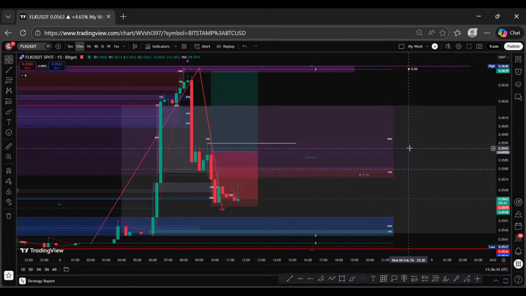FLK is in a good position right now and pushing the market upward as well.